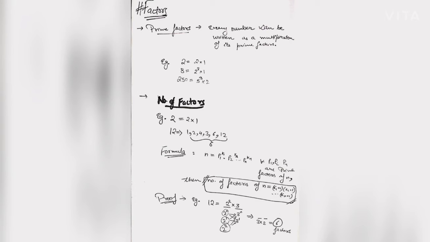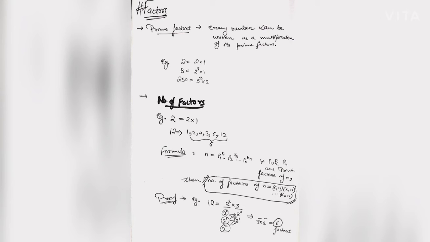Every power of 2 can be multiplied by a different prime number, suppose 3 in this case. It can be multiplied by 3 raised to the power 0 or 3 raised to the power 1 and can give 2 different numbers.